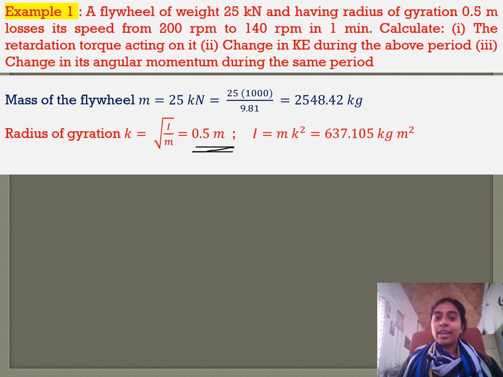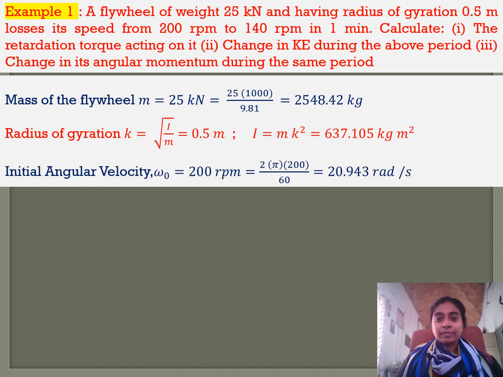We know radius of gyration is equal to root of I by m. So from this we get mass moment of inertia I is equal to 637.105 kilogram meter square.